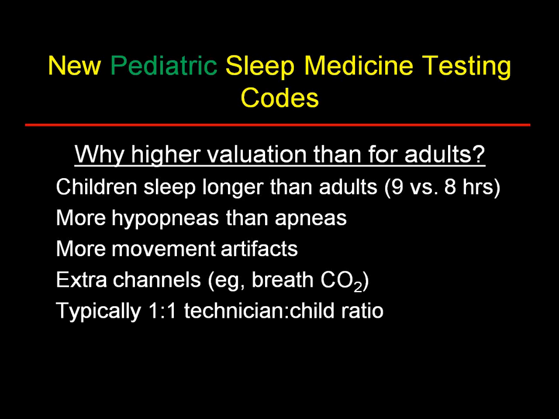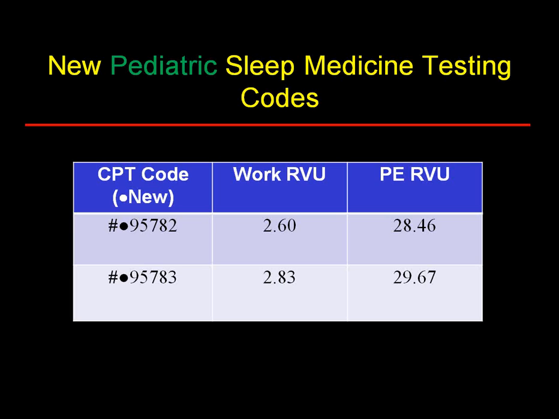They have far more movement artifacts, and typically pediatric studies include an extra channel dedicated for end-tidal or breath carbon dioxide measurements. Finally, because of the unique nature of children with their frequent movements, hypopneas, and technical difficulties, these studies are typically and most characteristically performed in a 1-to-1 technician-to-child ratio. So 1 technician for 1 pediatric patient, in contrast to the adult population, where it's far more typical for a single technician to be monitoring 2 concurrent adult sleep studies.